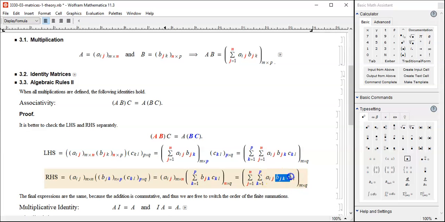This part was done first. JK, KL. So in total, we have JL. And then IJ, JL. So J's cancel out. The whole thing is IL entry. And we already had the summation, so we have the second summation there.